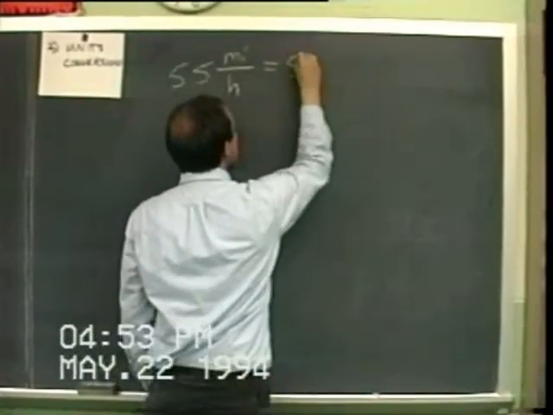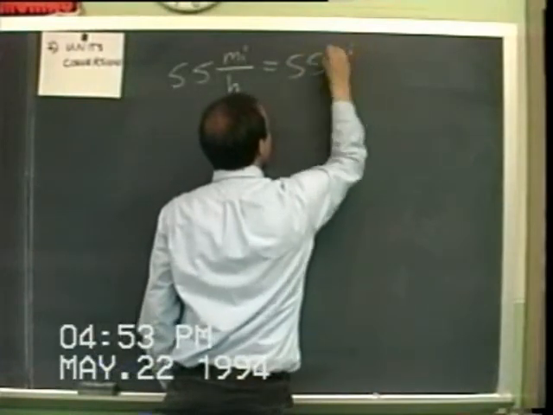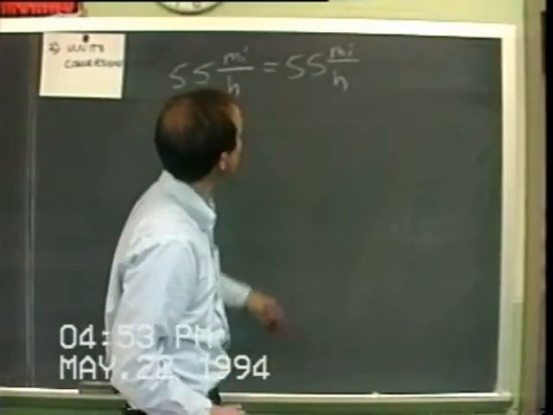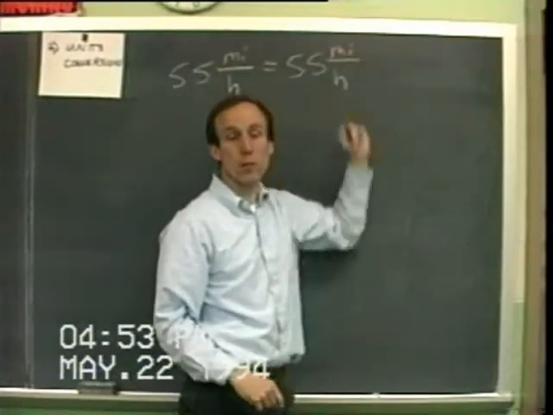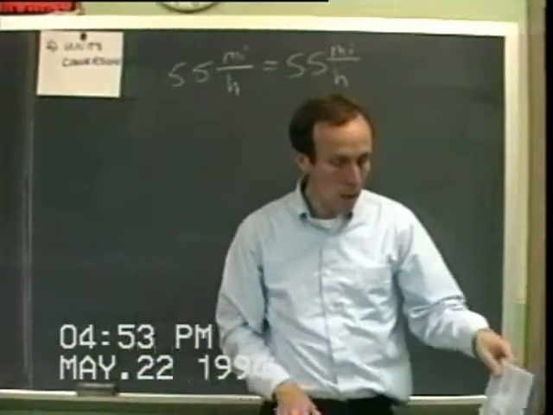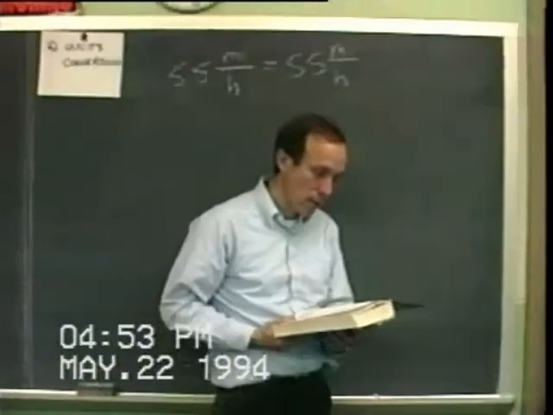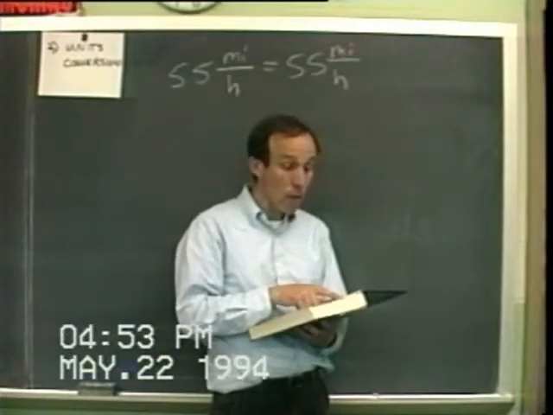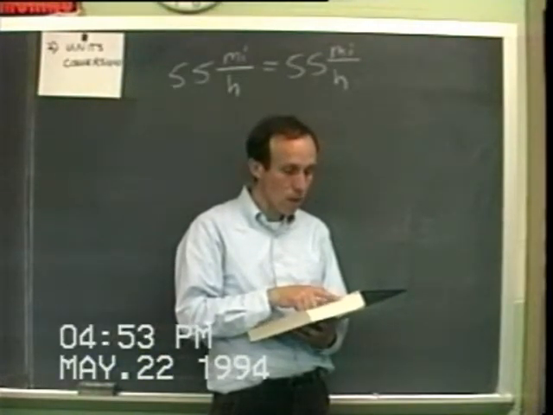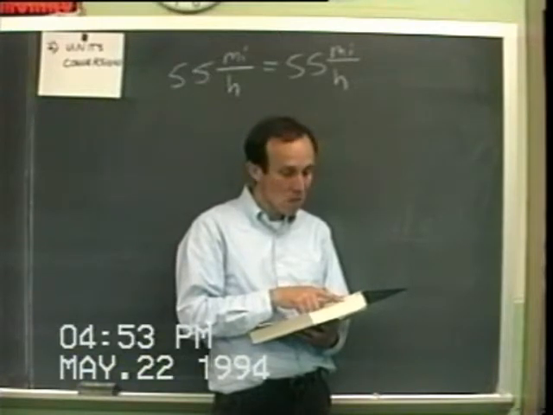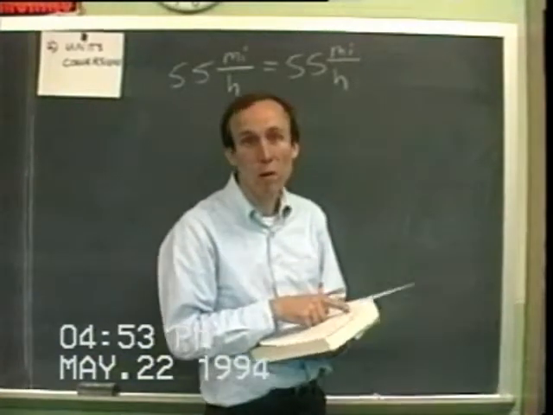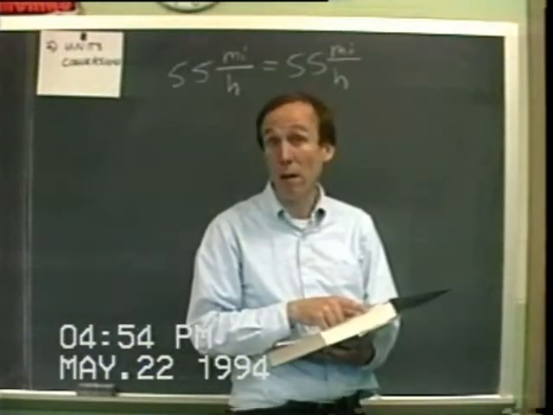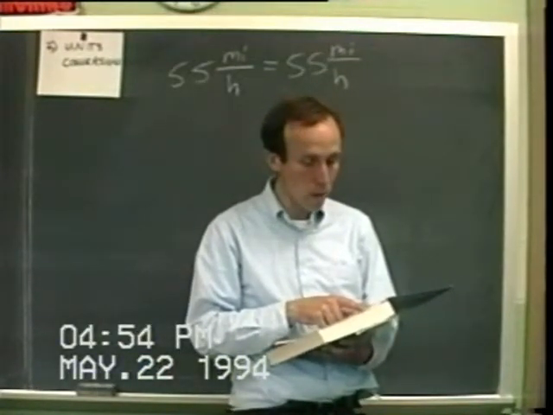I can say that's 55 miles per hour times 1, and 1 is what I want to write. Let's write 1 in such a manner as to get rid of the miles. I look up in the front flap of your text to get the conversion factor between miles and meters. It doesn't give me that, but it gives me, oh, here we go, 1 mile is 1.61 kilometers. A kilometer is 1,000 meters, so I'm on my way there.